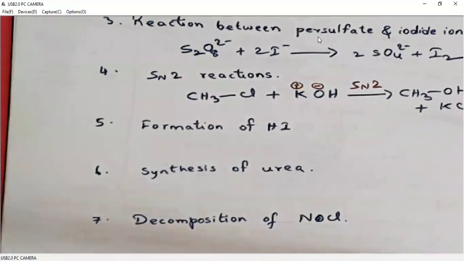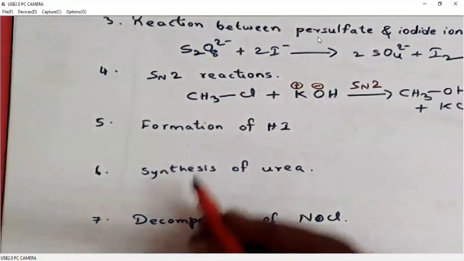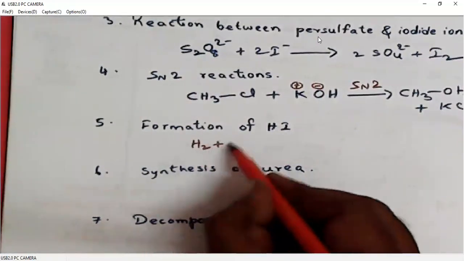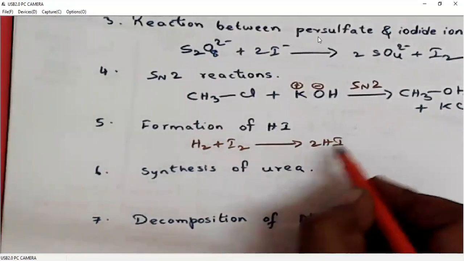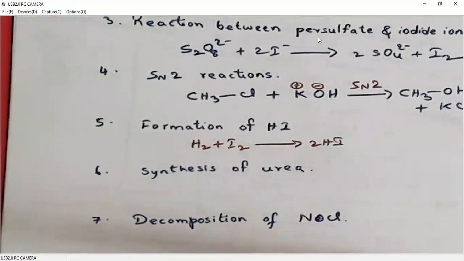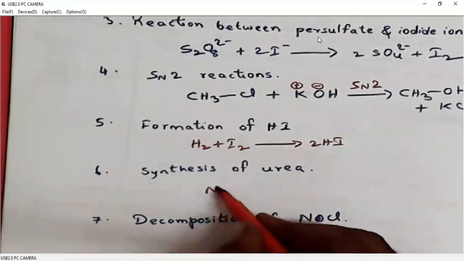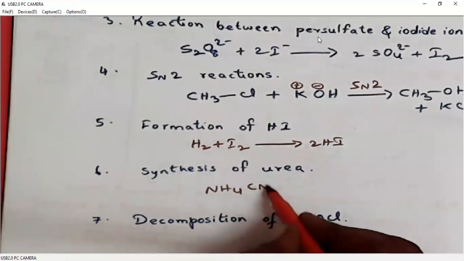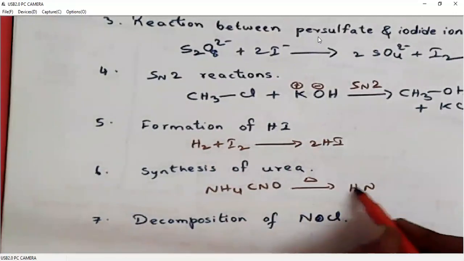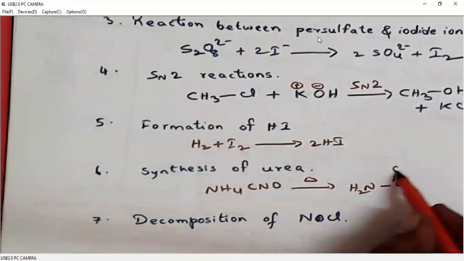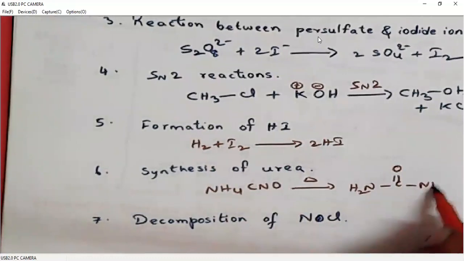When we look at further examples, formation of hydrogen iodide from hydrogen and iodine is an example for second order reaction. Synthesis of urea from ammonium cyanate under thermal conditions: it will undergo a rearrangement like this.